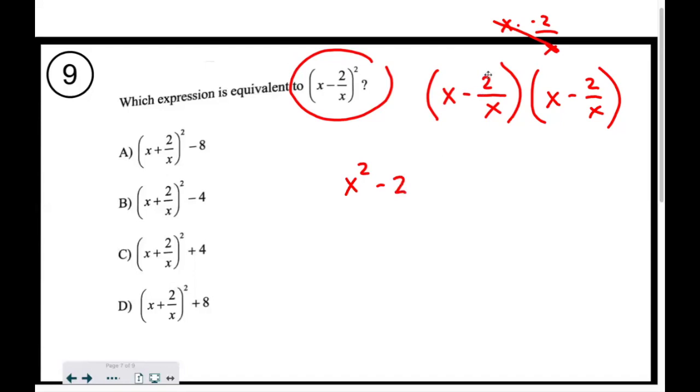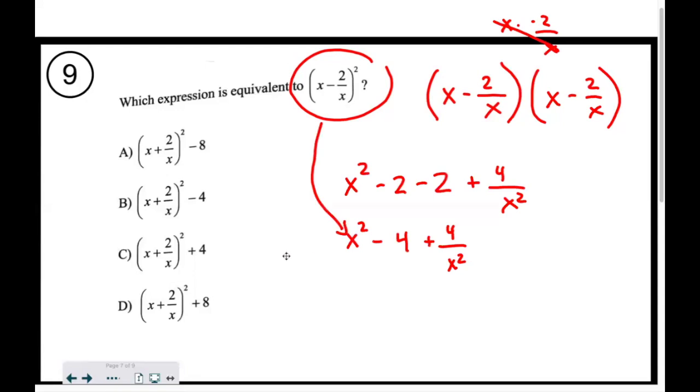And then when you do negative 2 over x times this x, the same thing happens. And then negative 2 over x times negative 2 over x is positive 4 over x squared. So you end up with x squared minus 4 plus 4 over x squared. All right, so that is what we're trying to match.